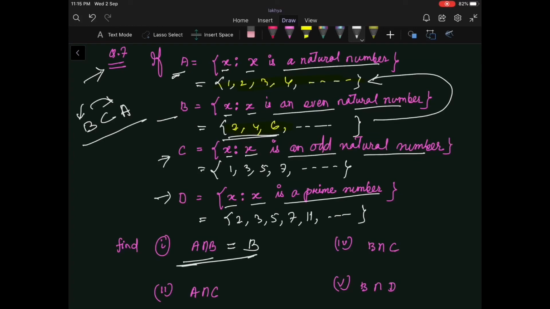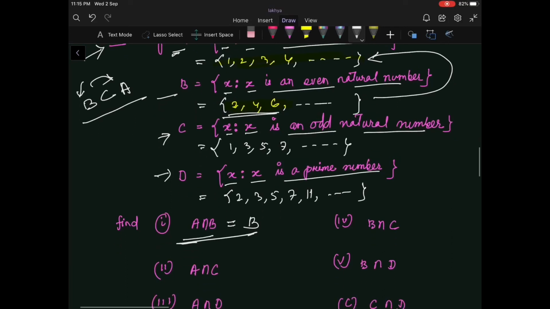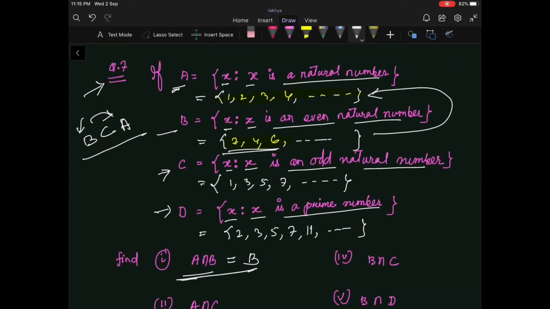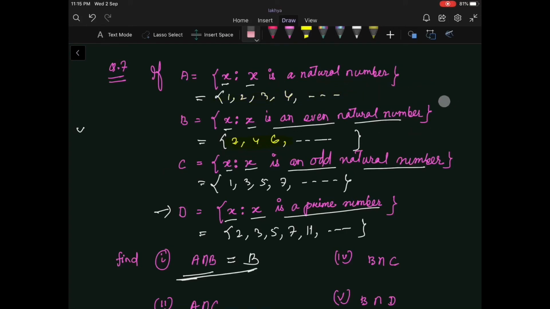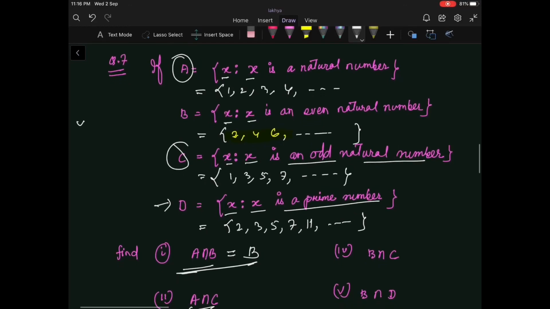Now you see A intersection C. Now compare these two sets, set A and C. So let me clean this first. Now you can see in these two sets, set A and C, what you have got in common.